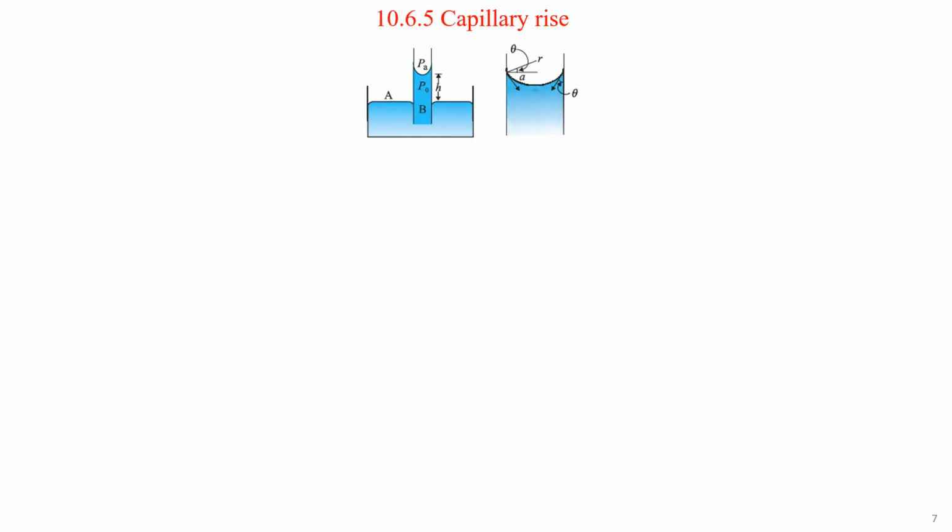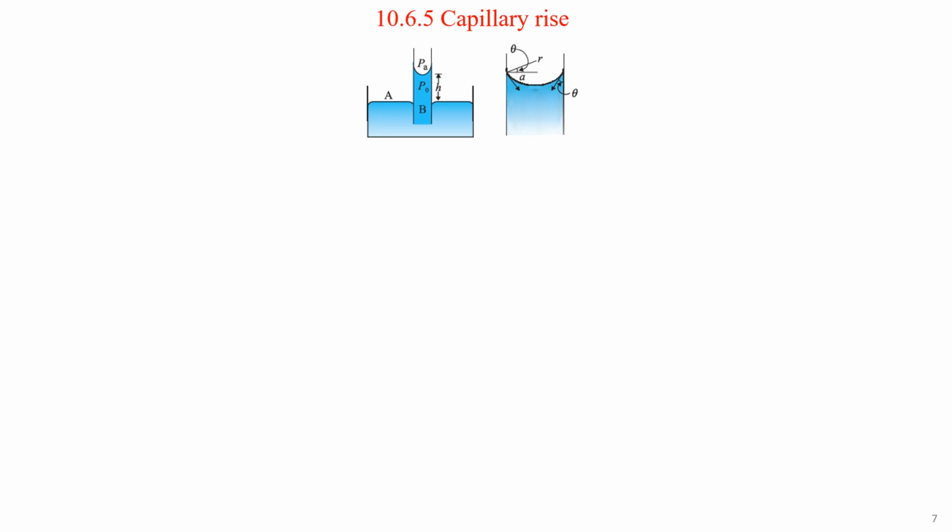Capillary rise. One consequence of pressure difference across a curved liquid-air interface is the well-known effect that water rises up in a narrow tube in spite of gravity. The word capilla means hair in Latin. If the tube were hair thin, the rise would be very large.